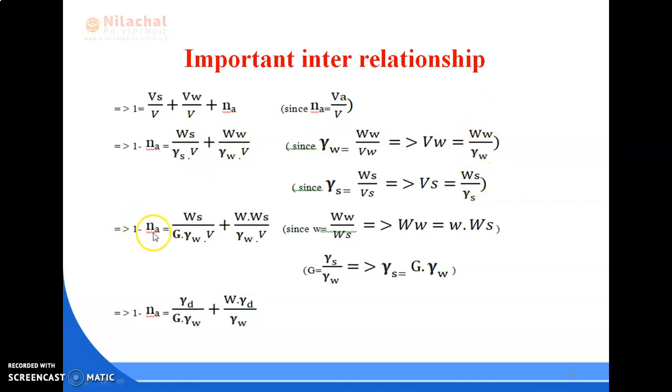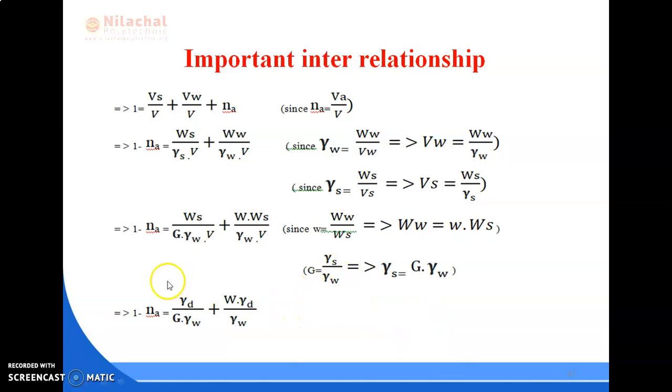So 1 minus na equals Ws divided by, in place of gamma s we have to change this one. We know the specific gravity of soil solids G equals gamma s by gamma w, which implies gamma s equals G into gamma w.